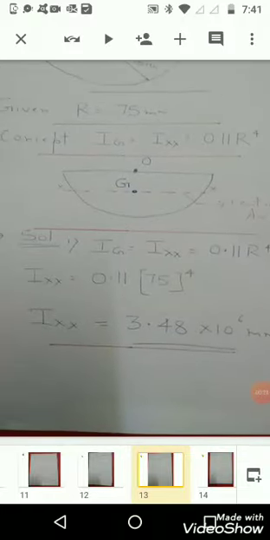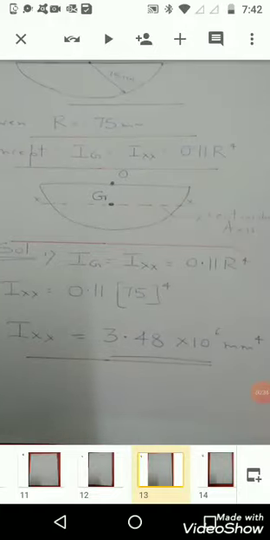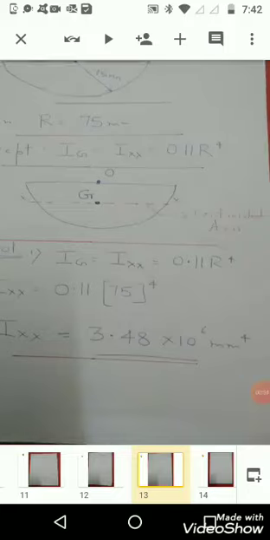Ixx is equal to 0.11 in bracket 75 whole raised to 4. The answer is Ixx = 3.48 into 10 raised to 6 mm raised to 4. So we substituted r is equal to 75 and found the answer. I hope this is clear. Next slide.